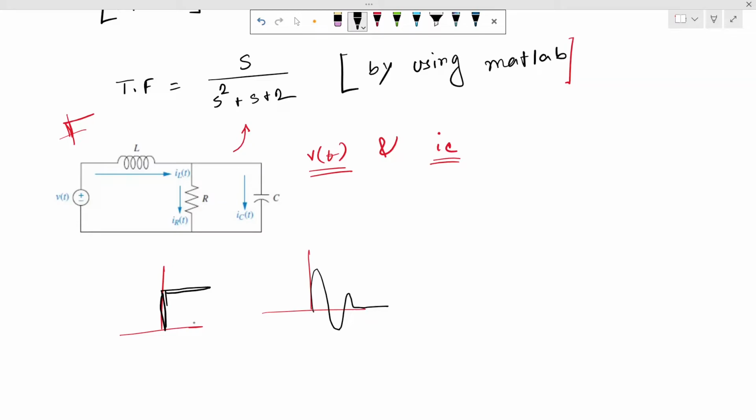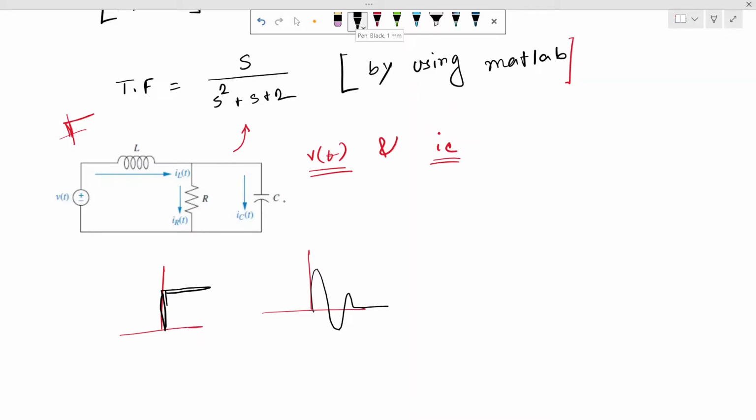So how does this work? When I give an input, there will be current flowing through here. Half the current will go through here and half from here. So this current will charge the capacitor. So current will be flowing. Current won't always be 0. Current will flow at the initial time, so we will get a value.